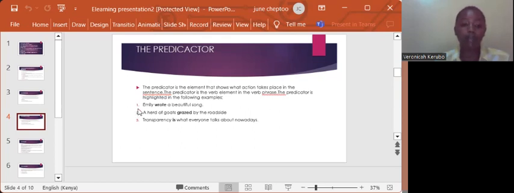The first one, Emily wrote a beautiful song. The predicator in this sentence is wrote. Another one, a herd of goats grazed by the roadside. The predicator in this sentence is grazed. The last one, transparency is what everyone talks about nowadays. The predicator in this example is is.